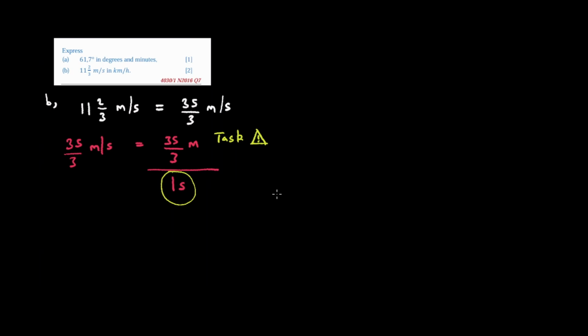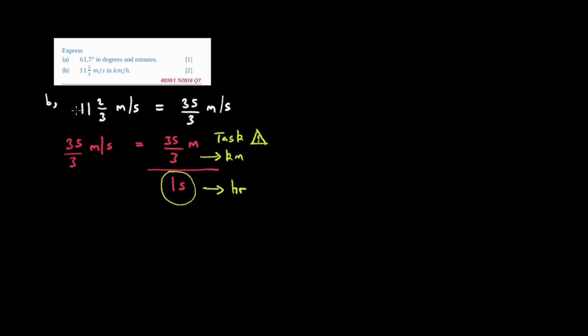Of course, here you take 35 over 3 meters and convert to kilometers, take 1 second and convert to hours, then solve in such a way that your hours become a unit, and then you have your kilometers per hour. But that is not what I want to teach, because when decimals and fractions come in, it will become a little confusing. That statement may seem really corny to you.